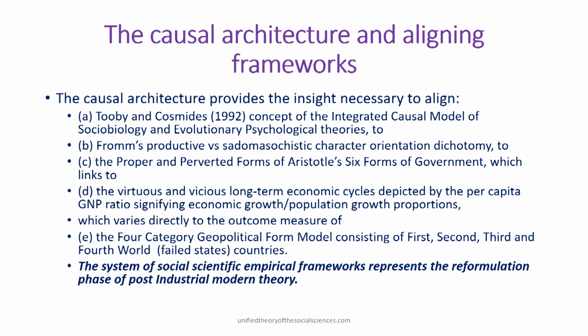The causal architecture provides the insight necessary to align A, Tooby and Cosmides' 1992 concept of the integrated causal model of socio-biological and evolutionary psychological theories, to B, Fromm's productive versus sadomasochistic character orientation dichotomy, to C, the proper and perverted forms of Aristotle's 6 forms of government, which links to D, the virtuous and vicious long-term economic cycles depicted by the per capita GNP ratio signifying economic growth over population growth proportions, which varies directly to the outcome measure of the 4-category geopolitical form model consisting of first, second, third, and fourth world countries.